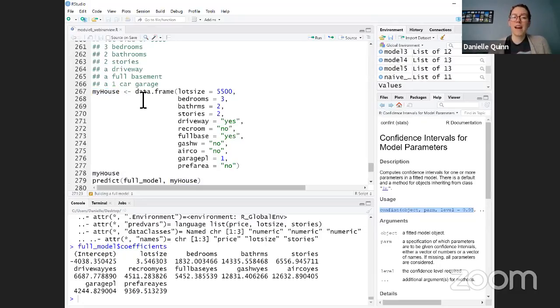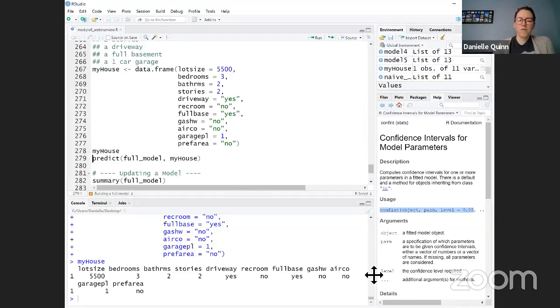We have seen this data frame function before back in module 2, but we haven't used it a whole lot. This is a way that you can build your own data frame from scratch, where we say we have a column called lot size. It contains 5,500. We have a column called bedrooms, which contains the value 3, and so on. And so you put all the information about the house that you're trying to sell with all of the predictors that are found in your full model.